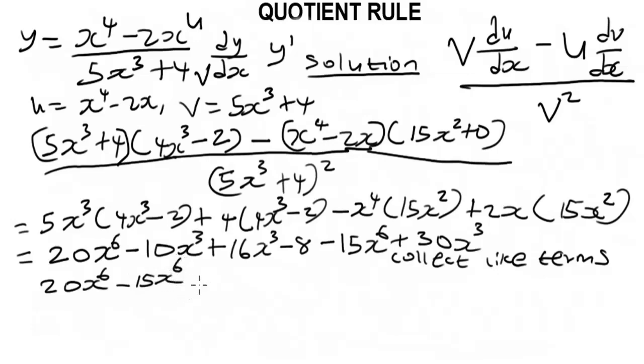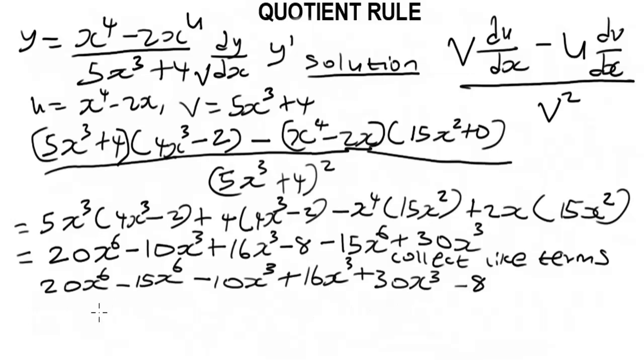Then minus 10x raised to the power 3, plus 16x raised to the power 3, and plus 30x raised to the power 3. Which other one? We have minus 8. That's all, we're not missing any other value.